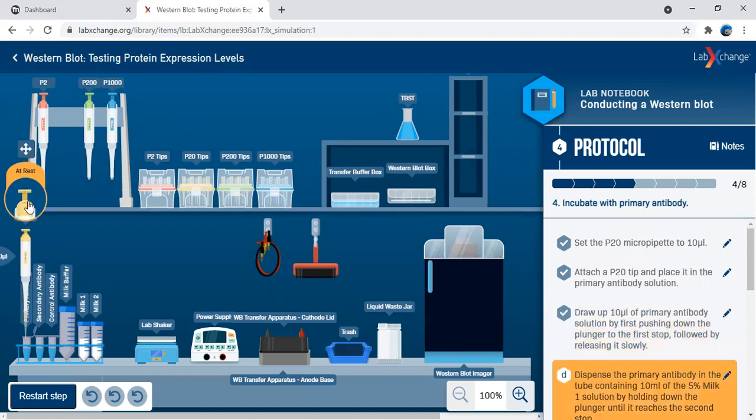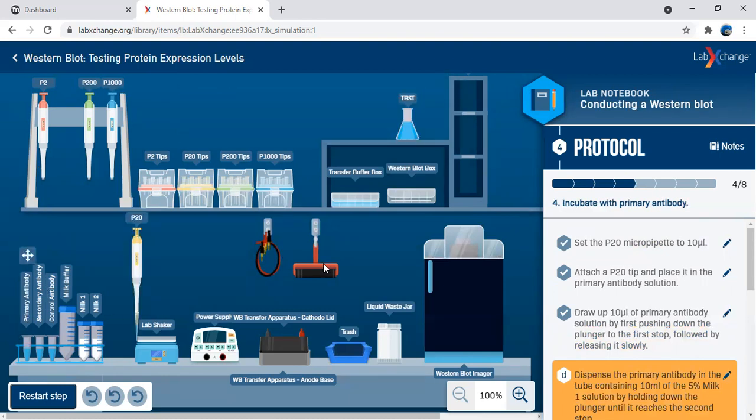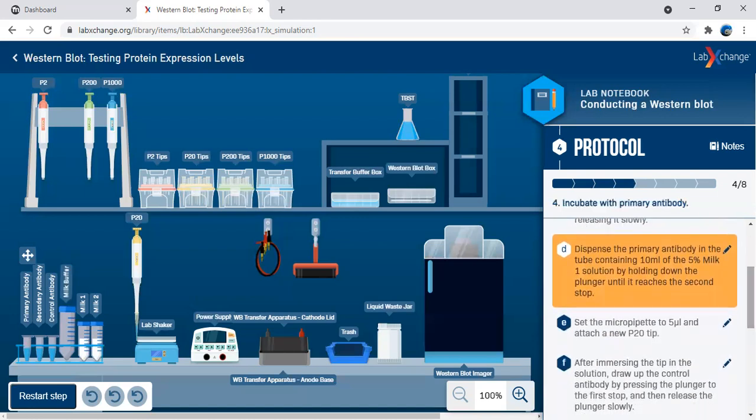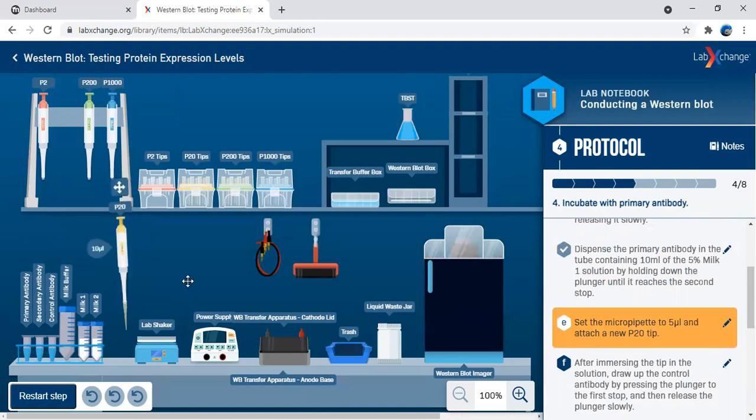Okay. Hint, the primary antibody is associated with a mouse polyclonal antibody. Okay. Now I have to dispense it in the milk solution.